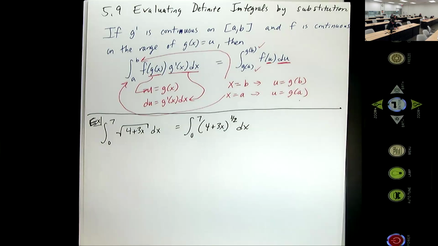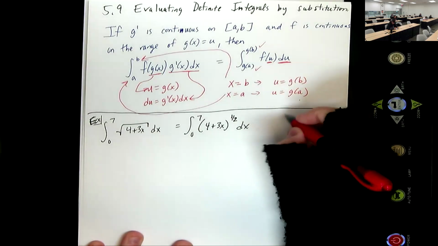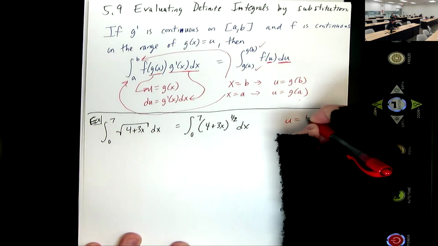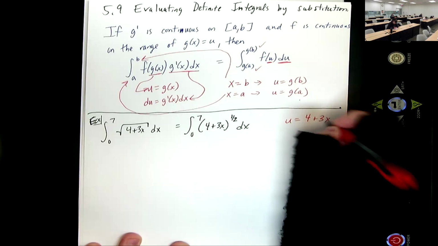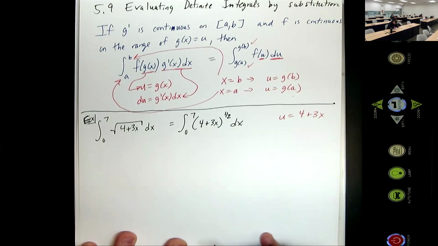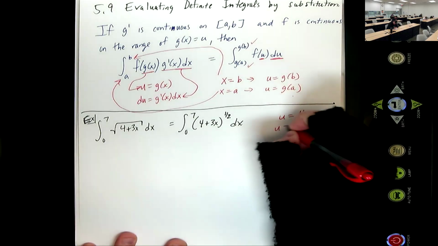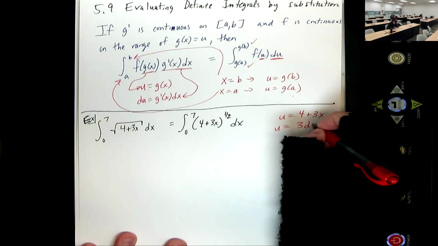So we don't have a method for integrating 4 plus 3x. What we're gonna do is make a substitution of u equaling 4 plus 3x. Du ends up being 3dx.